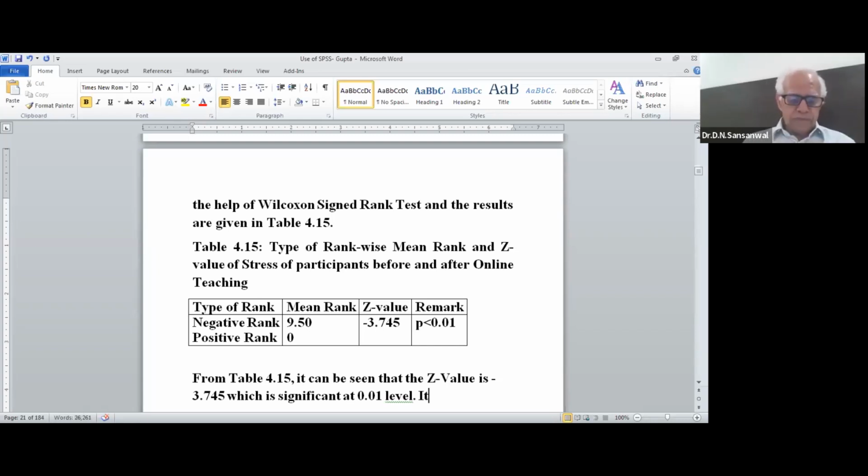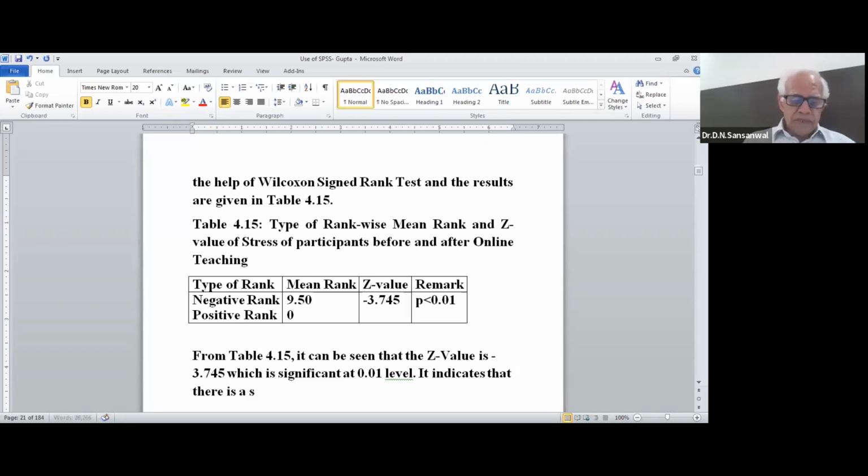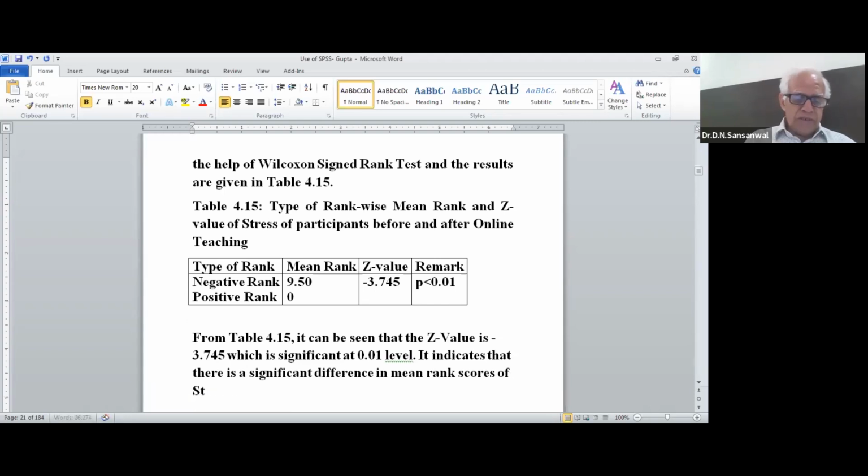It indicates that there is a significant difference in mean rank scores of stress of participants before and after online teaching.